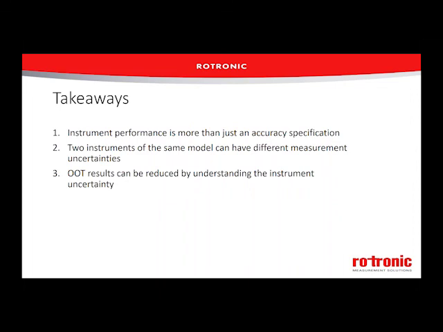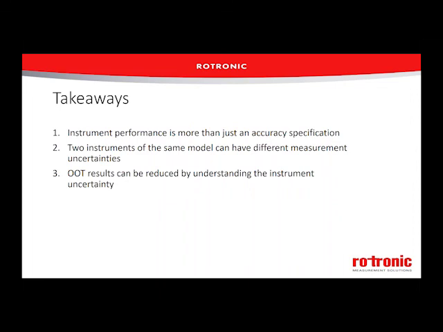Two instruments, even of the same model, can have different measurement uncertainties if they're being used in different environments, or if they've got different calibration vendors, and they can have different overall performance.